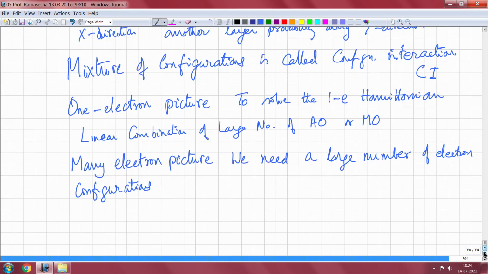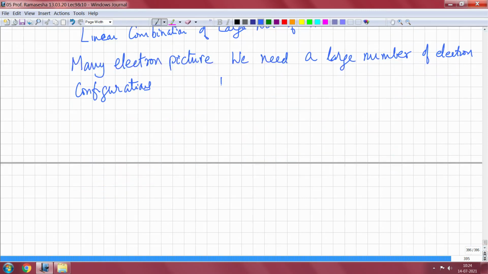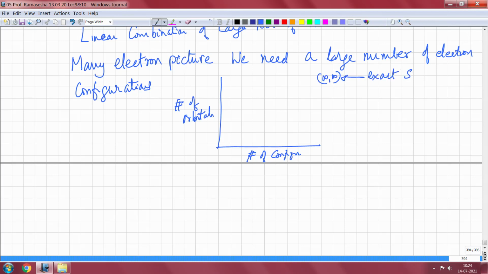So, usually you will see that if I plot the number of configurations versus the number of orbitals, this is the place where you will get the exact solution. But since our lifetime is finite, we need to get answers to problems within a finite length of time, and so we work in a limited configuration space.